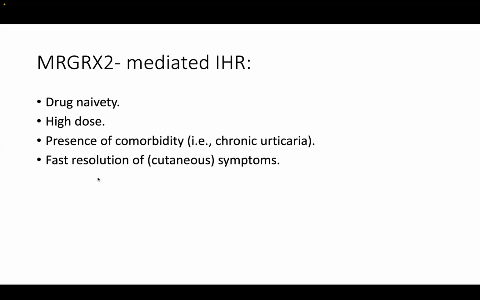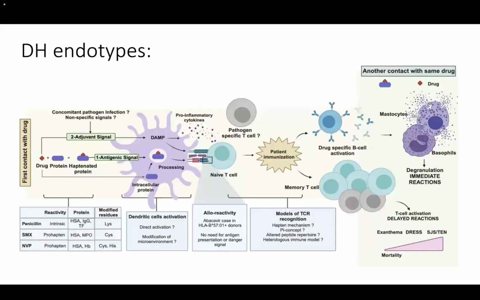So this is due to the high dose the medication reached in the patient's blood. Presence of comorbidity like chronic urticaria, this is a very common predisposing comorbidity. Fast resolution of cutaneous symptoms, this is also suggestive of MRGPRX2. If the patient has very quick resolution, doesn't need a specific treatment, and doesn't progress, this is commonly MRGPRX2.